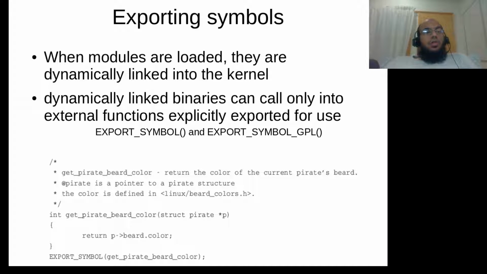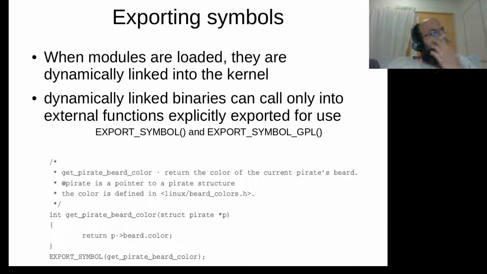When modules are loaded, they are dynamically linked into the kernel, and dynamically linked binaries can call only into external functions explicitly exported for use. So you need to export these explicitly using EXPORT_SYMBOL and EXPORT_SYMBOL_GPL.